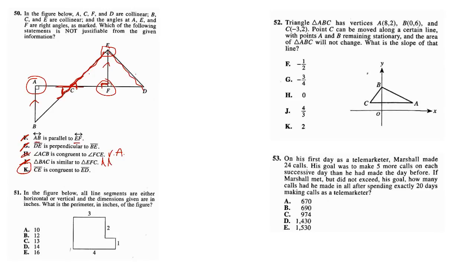All right, in 51, we are asked to find the perimeter of the figure. And let's see, we're missing a few sides, and normally we'll be missing a few sides here. Let's see, this side length over here would be 1. This is the same length as this side over here, so that's going to be 3. And we're missing this little portion here, and that's usually where people miss this.